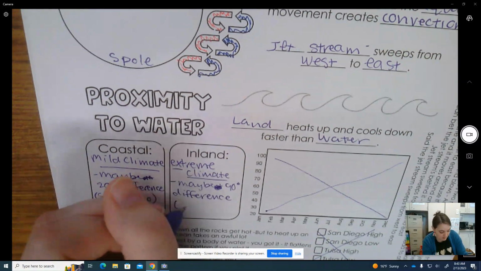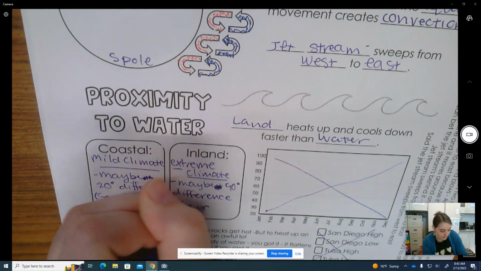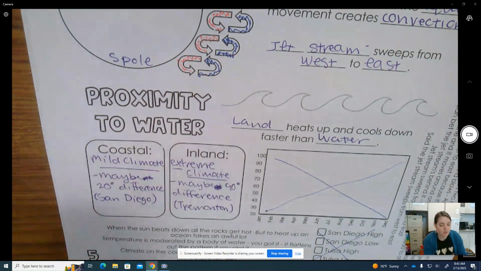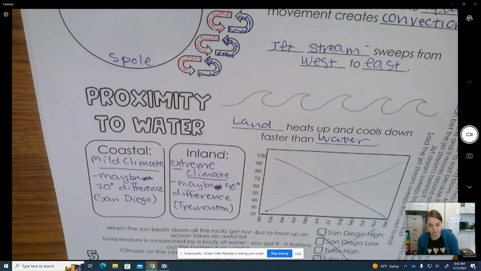So this is like Tremonton. We are not close to an ocean, so we are inland, and that means our climate is extreme. We have super cold winters and really hot summers, because the land will heat up and cool down really fast throughout the year. So it can get really, really hot or it can get really, really cold. There's no ocean to help balance that temperature out.